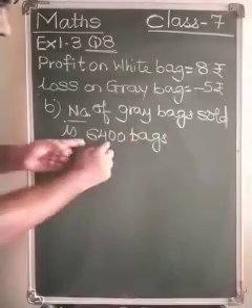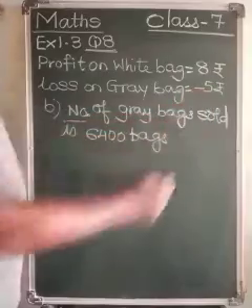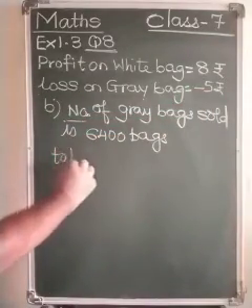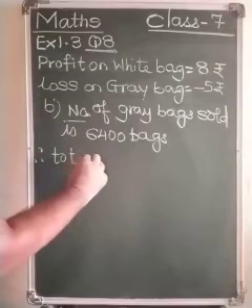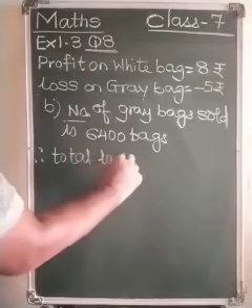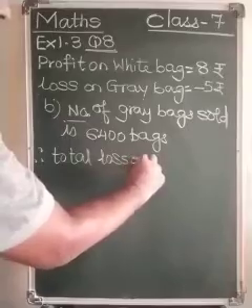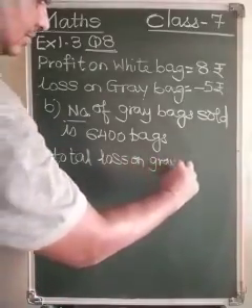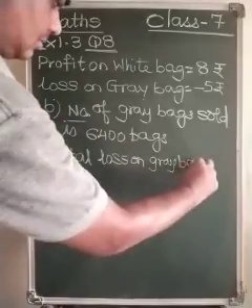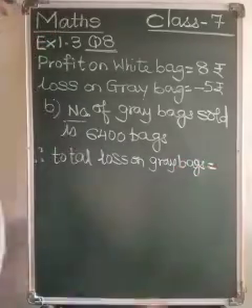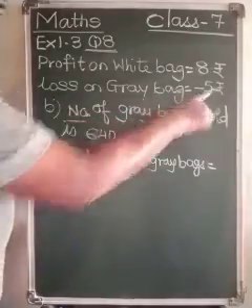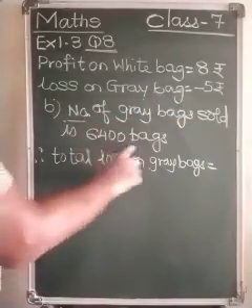That means on each bag they have lost 5 rupees, therefore the total loss on grey bags equals, on one bag 5 rupees, so on 6400 bags.